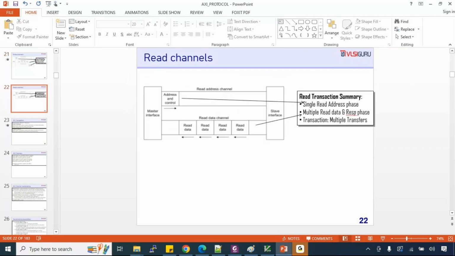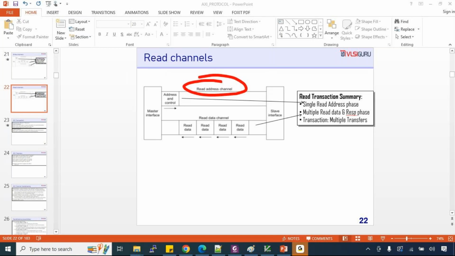Who gives R ready? R corresponds to whom? Read data channel. So who initiates the read data? Slave. Who should give the R ready? Master should give the R ready. Who gives AR valid? Master, because AR valid corresponds to read address channel.